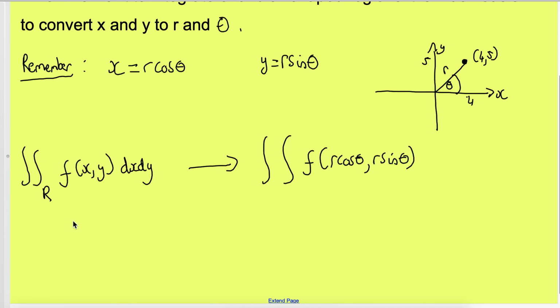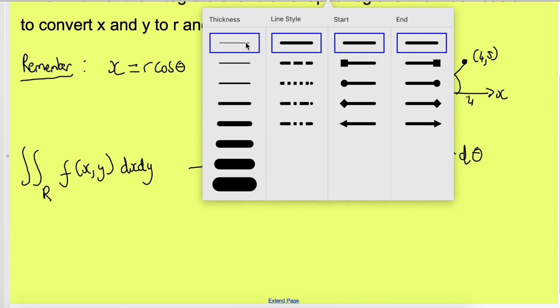Now, what also happens is, and I know I've said this a few times in the last few lectures, I don't have enough time to go through it in this course, but if you look online, there's an extra factor of r dr d theta. So don't forget that extra r that you've got to multiply everything by when you convert to polar coordinates or polar form.